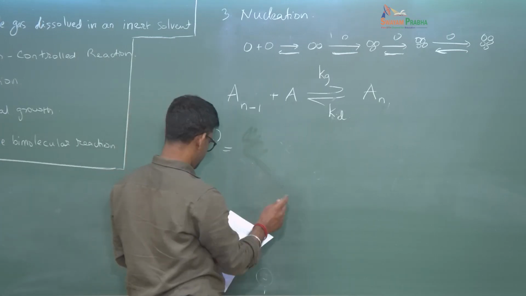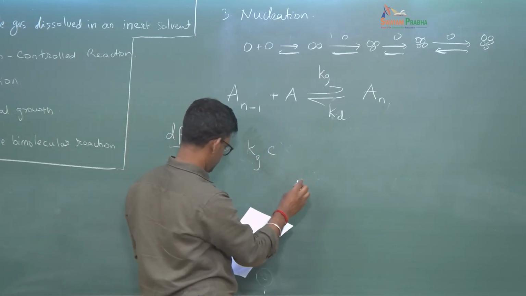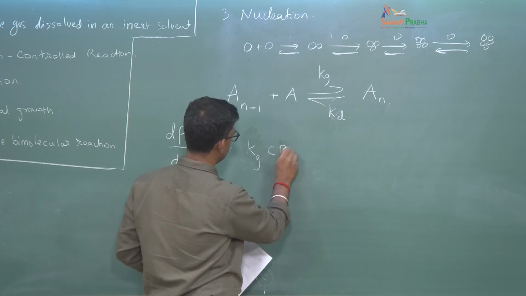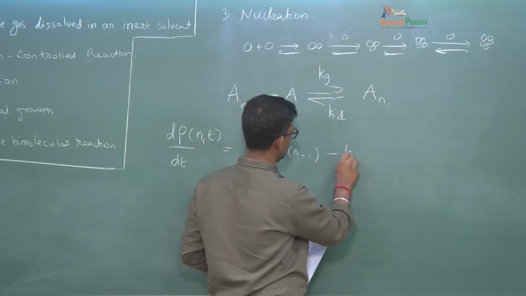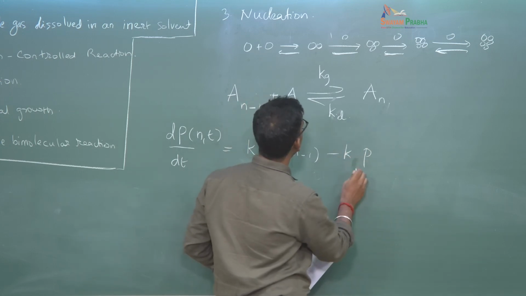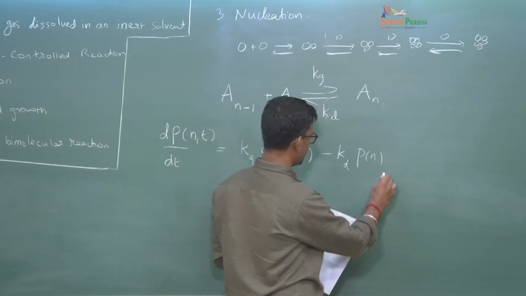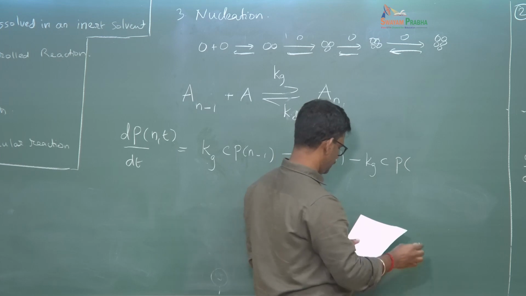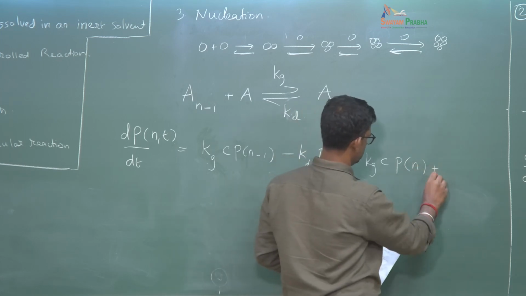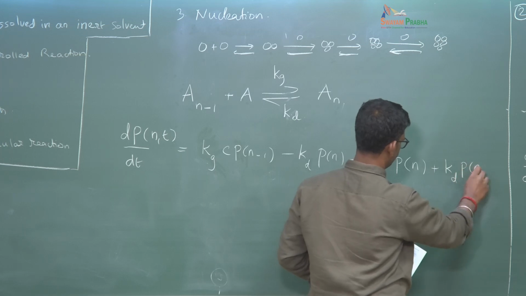You will see that this becomes K_g C P(n-1) minus K_d n, minus K_g C P(n), plus K_d P(n+1).